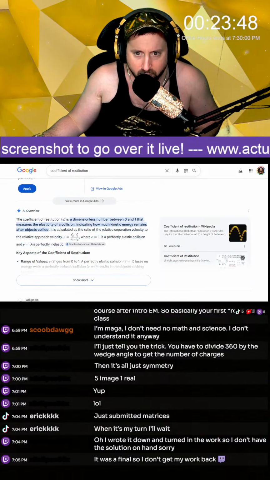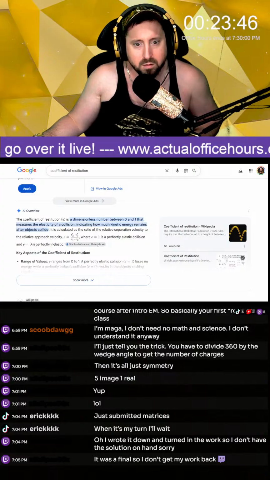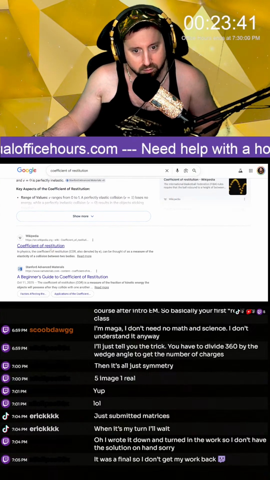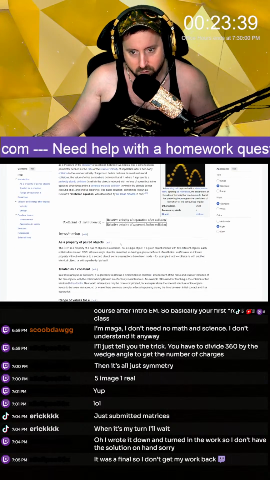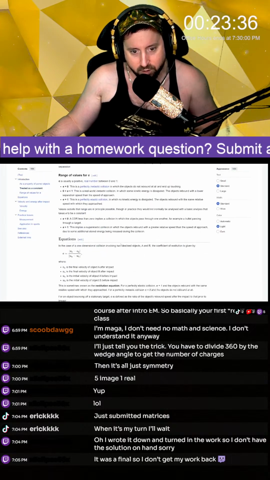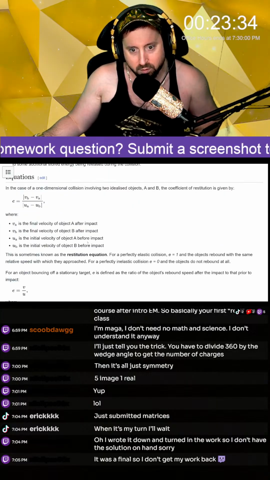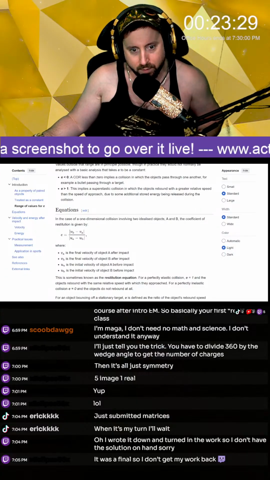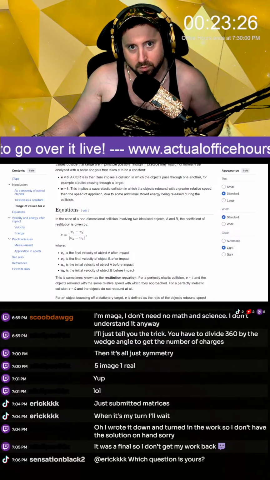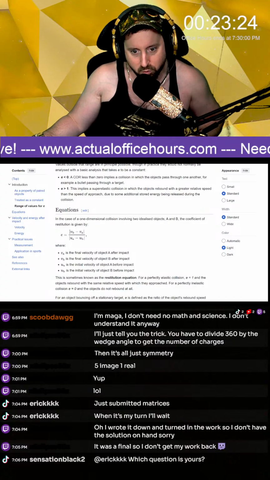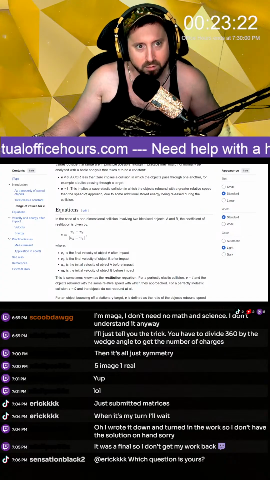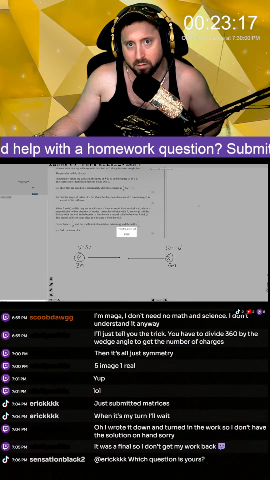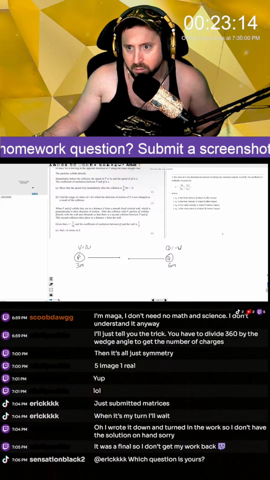Yeah, it's this ratio: relative velocity after the collision over relative velocity before the collision. Okay, this is what I have to remember.